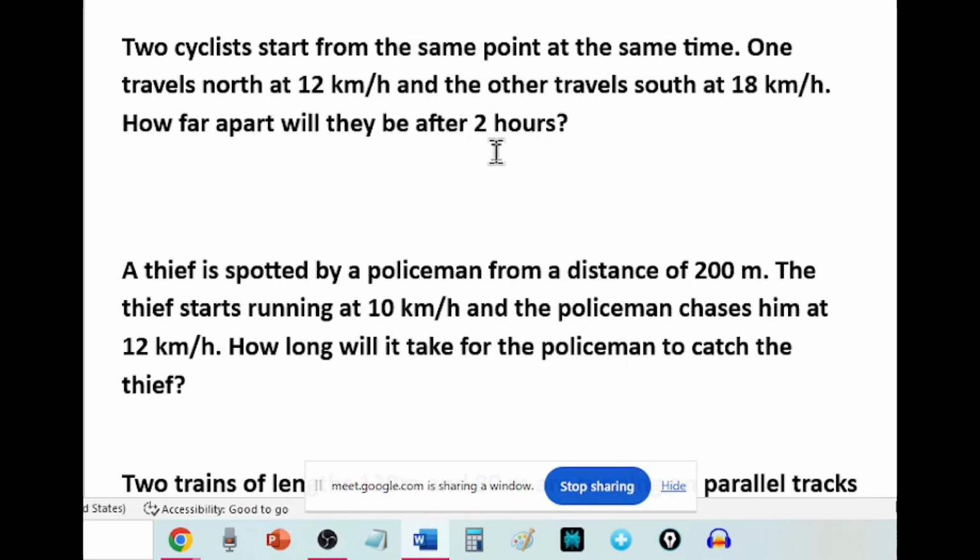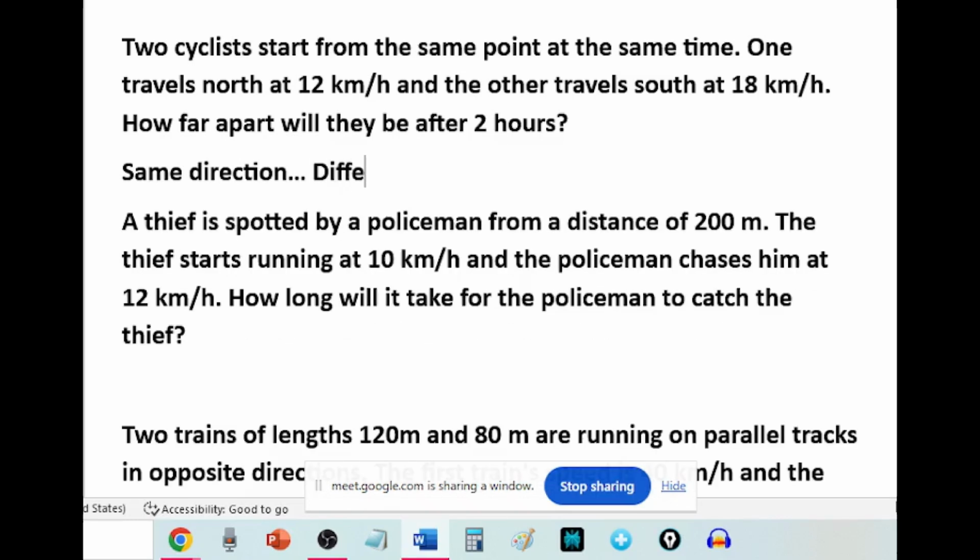Same direction means difference, and difference means subtract. You remember only this much. And opposite direction means plus. Add, that is sum. Sum means add, so that is plus.